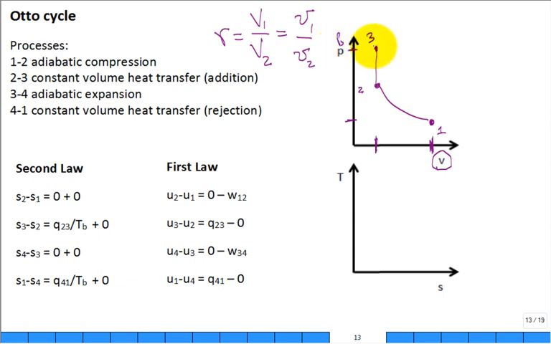Then you're going to undergo from 3 to 4 expansion, and it's isentropic, and you have to stop it such that you could follow with a constant volume heat rejection back down. So 4 has to stop right above 1. And there it is. There's our cycle on a PV diagram.